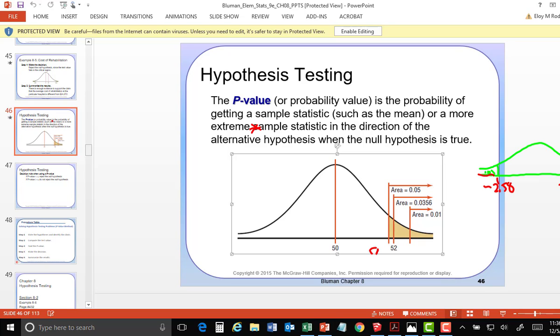The critical value, that's this guy. And then these other guys would be possible places where the test statistic could hit. If the test statistic hits in here, I know that the total area in here is 0.01.